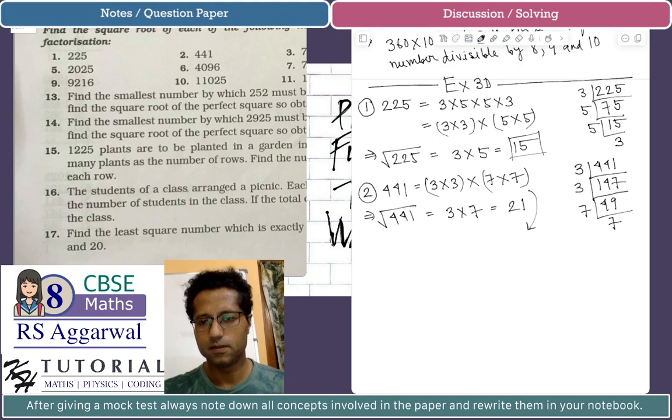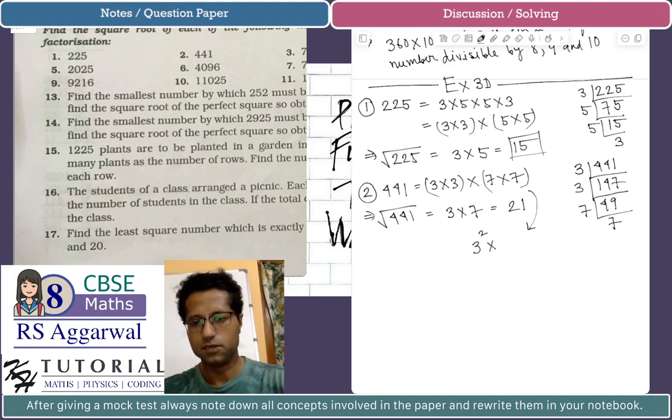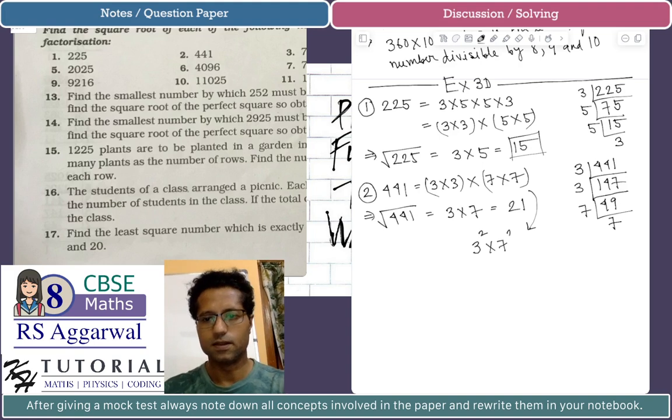This will become 3 square multiplied by 7 square, so we have 441.